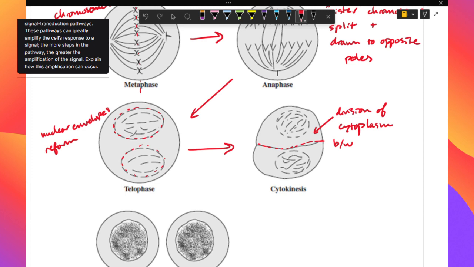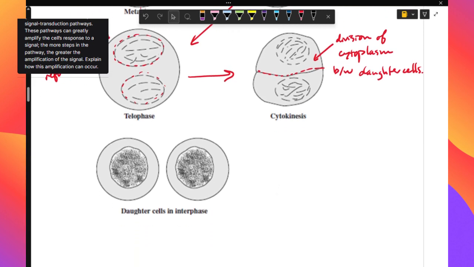So division of cytoplasm happens between daughter cells. And then we have two identical daughter cells in interphase. Interphase is the space between divisions.